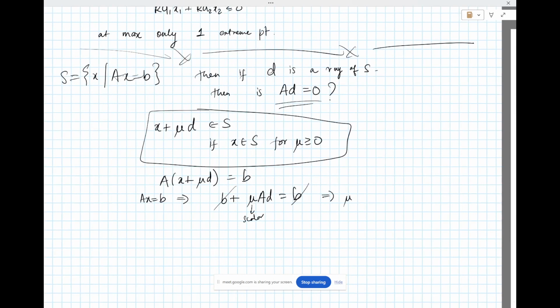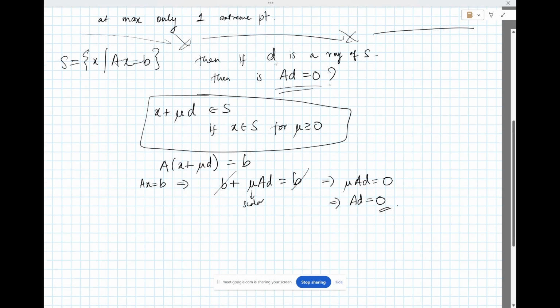So I have mu AD equal to 0, ready. AD is equal to 0. So for all extreme rays, like all rays basically, not even extreme, all rays will satisfy this.